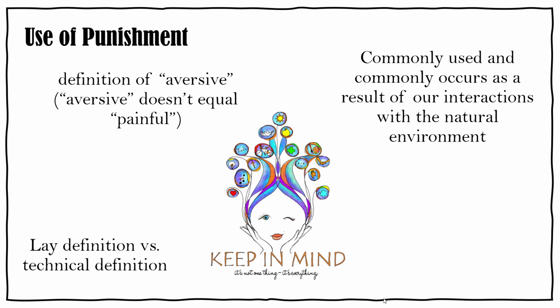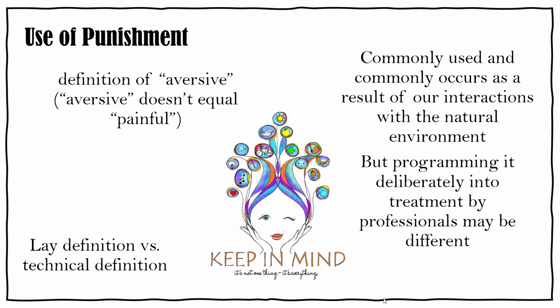So in our interactions with the environment, when we learn to engage in some behaviors and not in others, that's just coming into contact with punishment contingencies. However, if you're going to deliberately program it into treatment, then it becomes a little different because of the lay definition and the negative connotation of punishment and the misconceptions of it.